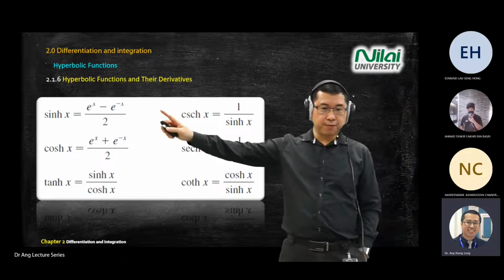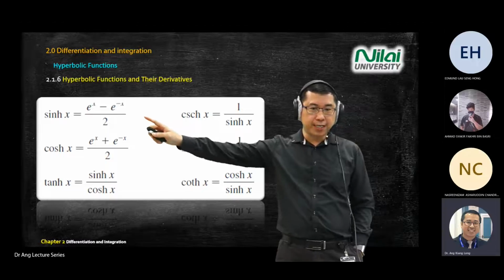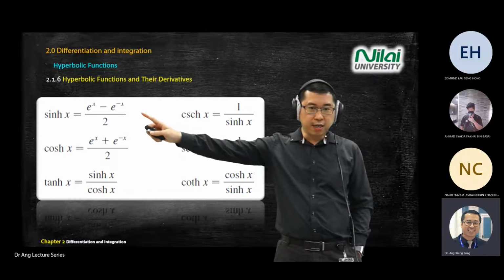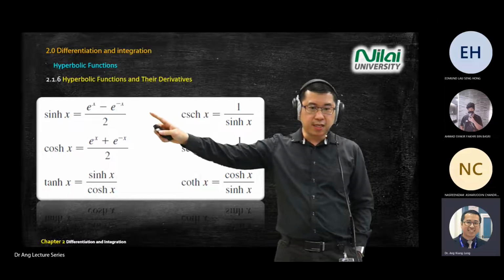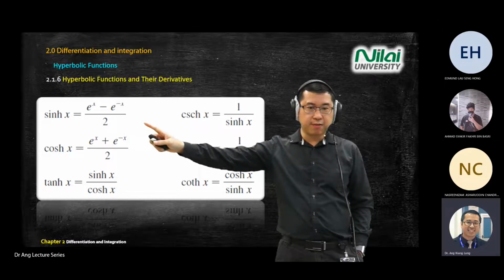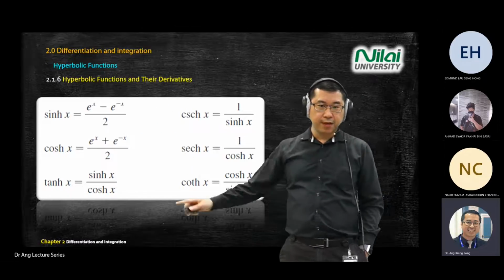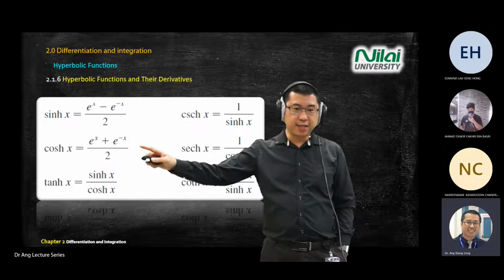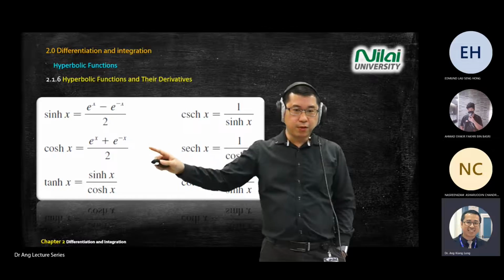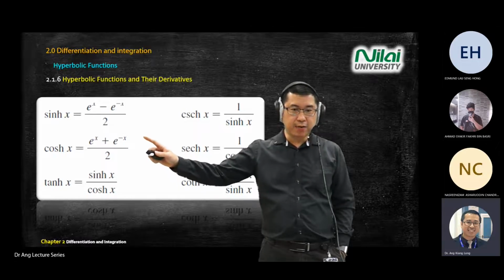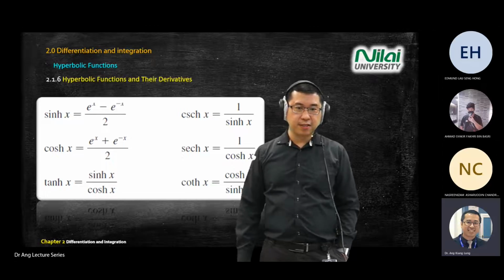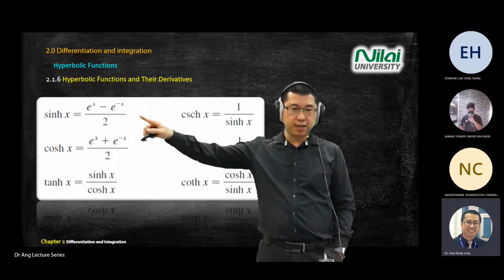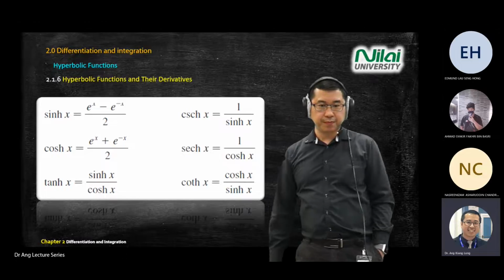So for example, the first one: sinh x equals e power x minus e power negative x, divided by 2. If you have cosh x, you can write it as e power x plus e power negative x, divided by 2. So don't confuse between the sine and cos.